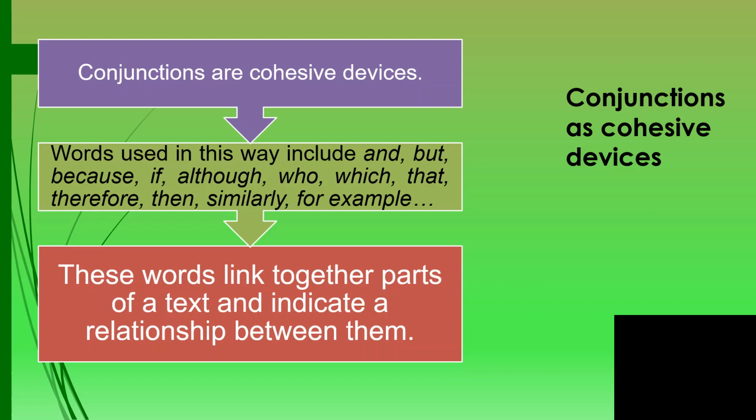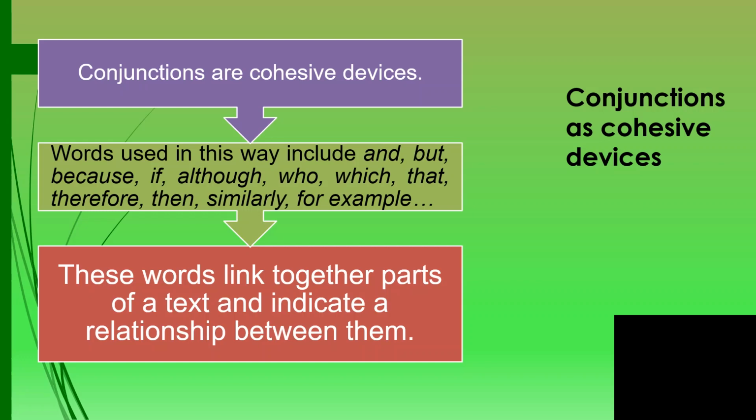Anyway, if we look at these examples here of linking words and conjunctions, we'll see that there's quite a variety, and that actually they belong to two different word classes. So there's and, but, which belong to a word class, conjunctions as a word class, and they are coordinating conjunctions.